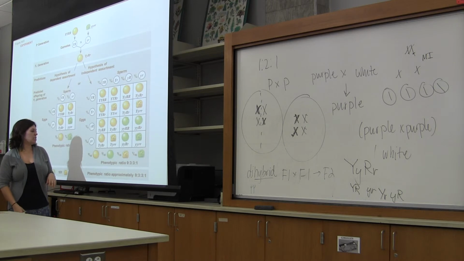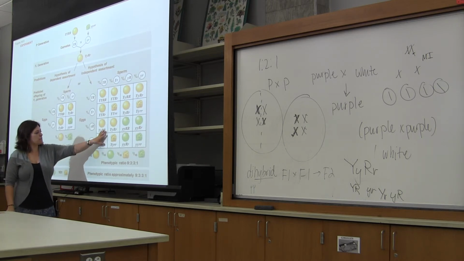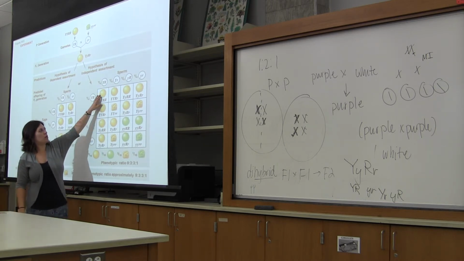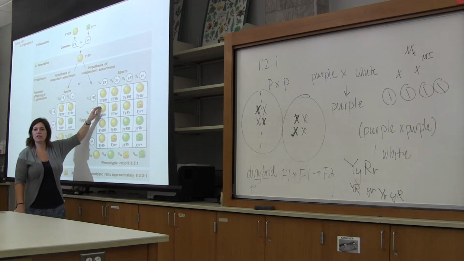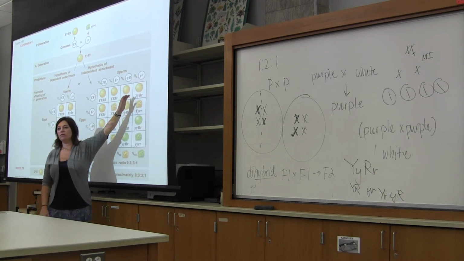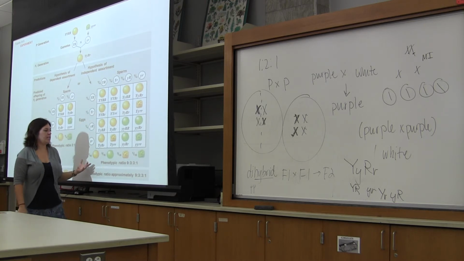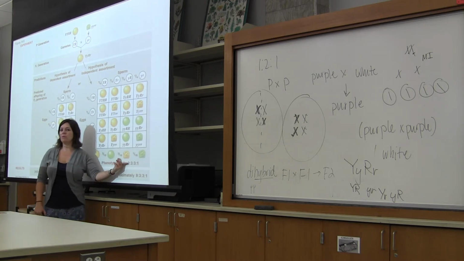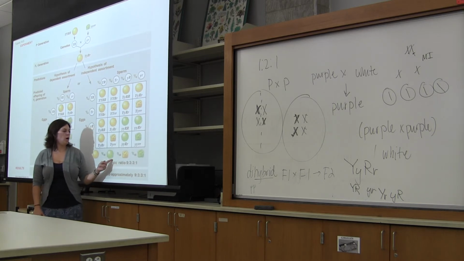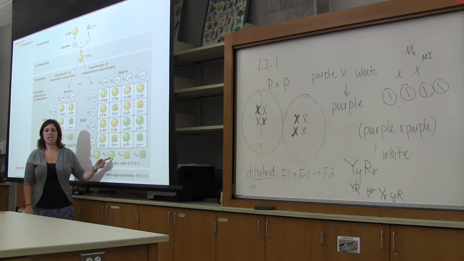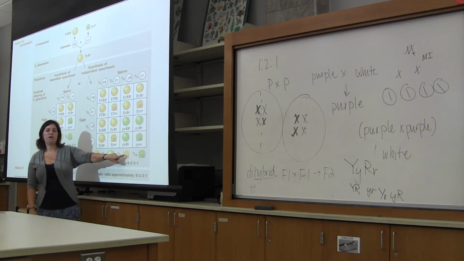And of those genotypes, 9 out of 16 of them are going to have the dominant characteristics. So in other words, the yellow seed coat and the round seed shape. And then he noticed that there were 2 kind of intermediate phenotypes. One that had one of the dominant traits and the other one was recessive, and vice versa.